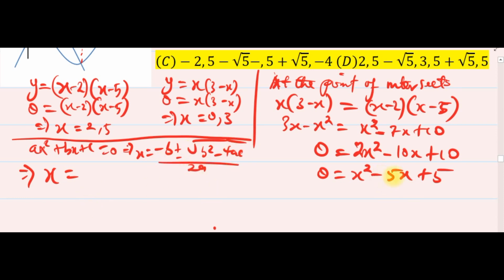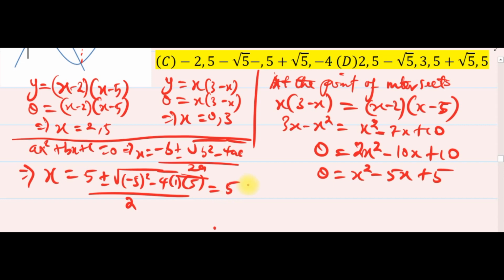So my b is minus 5, so we have minus minus 5, which is plus 5, plus or minus the square root of (minus 5) squared minus 4 times a, which is 1, and c, which is 5, over 2 times a, that's 2 times 1, 2. So we have 5 plus or minus the square root of 25 minus 20, which is 5, over 2.